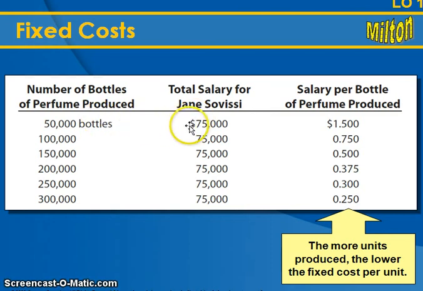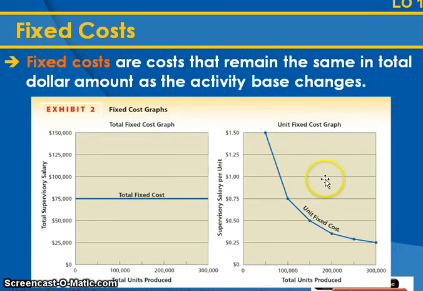Now let's just say there were 300,000 bottles of perfume made in the year. Well, now you might say to yourself, okay, she made $75,000 a year, made 300,000 bottles of perfume, so that equates to 25 cents a bottle. All right, so the more you spread out a fixed cost over the number of units you're producing, the cost per unit goes down. So what that looks like in a graph is this graph here on the right.